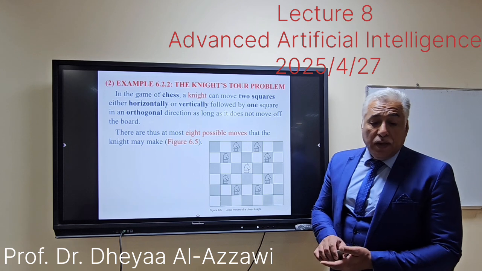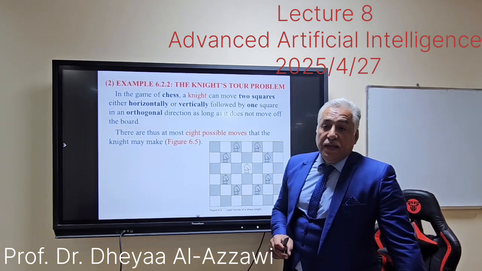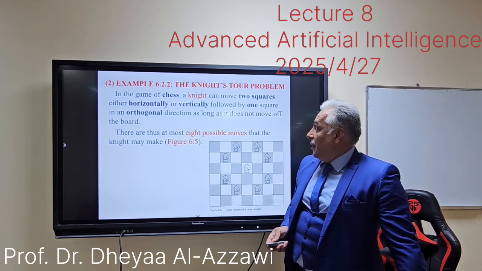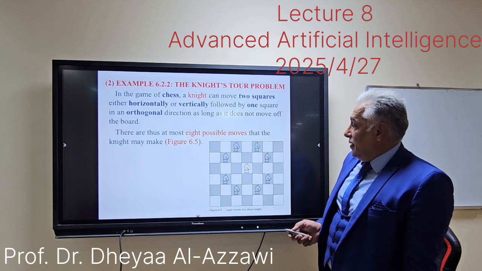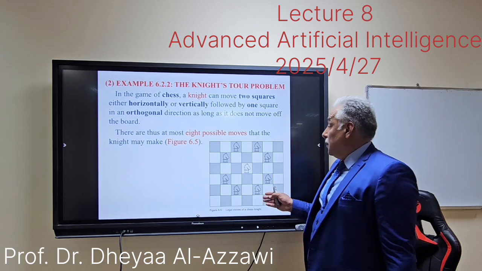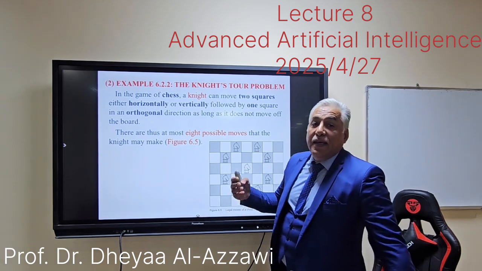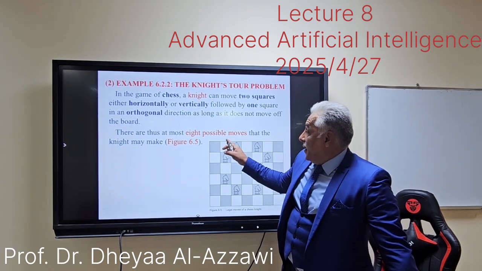In this example, we illustrate the implementation of the control, using machines to explain how we can get the paths of the knight on the board.